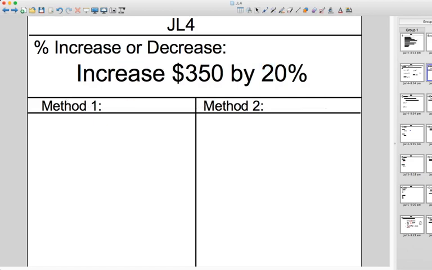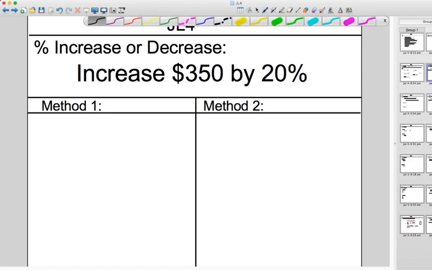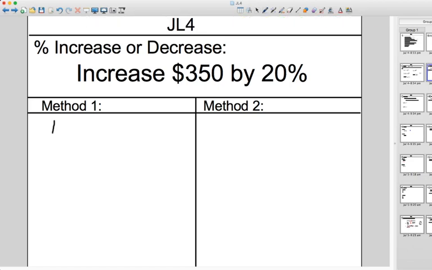Okay, so there are two methods for doing this. The first one is to say, well, 100% is $350. In fact, that is true in both methods. So I'm going to cut and paste that.